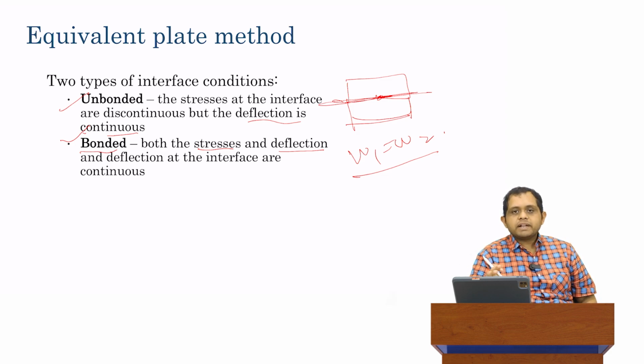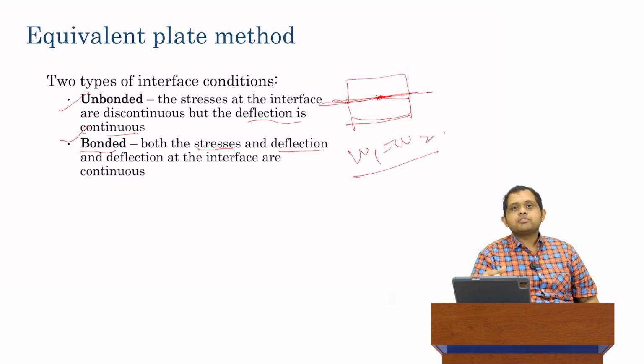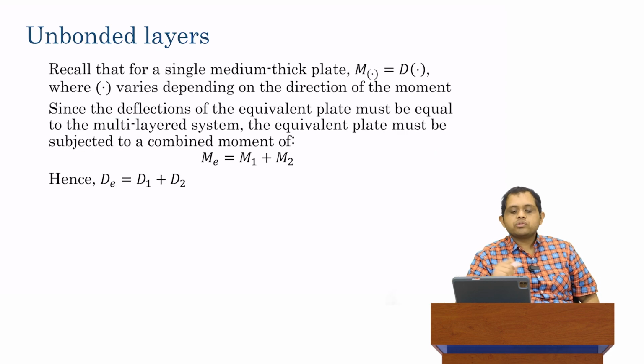So the bending of one plate is affecting the bending of the other plate. As you can imagine, these are very different assumptions. That two plates are bending independent of each other, only with some contact in between them, versus the two plates behaving as one plate bending. These are two very different assumptions, and so we get two very different formulations out of each of these, which we'll proceed to see right now. So we'll start with unbonded layers, basically because it's a much easier calculation, it's much easier to understand.